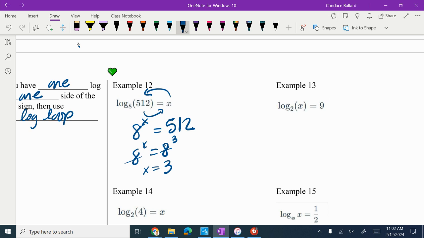All right, notice on example 13, one log, one side. So I'm going to log loop it, all right? What's my base? 2, and then I'm going to loop this around. What's going to be my new exponent? 2 to the 9th equals x. All right, put it into Desmos if you need to.